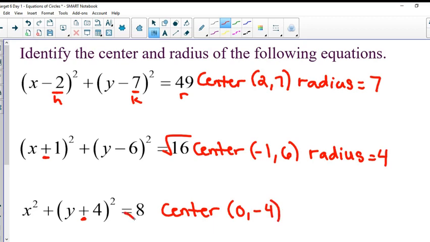Now, we are going to take the square root of 8 and figure out our radius. Now, since we're not graphing this, we don't necessarily have to worry about what the decimal version of the square root of 8 is. So since we're just identifying, we can leave the radius as the square root of 8.